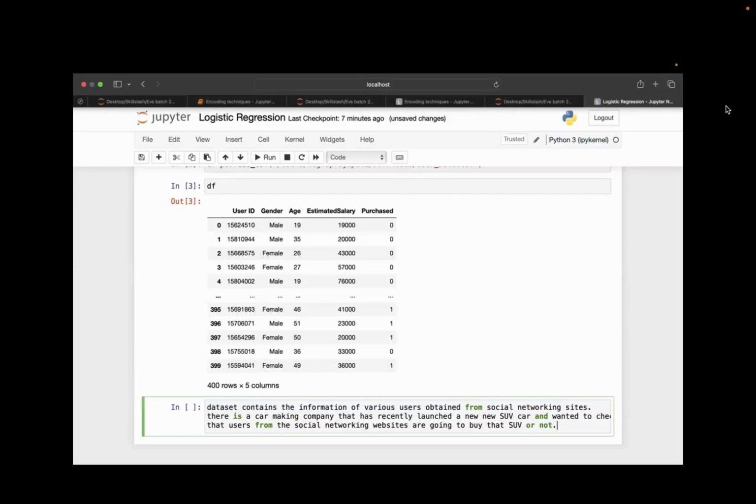Okay, while reading the question itself, you understand that we have the target column available in classification format. Very simple.